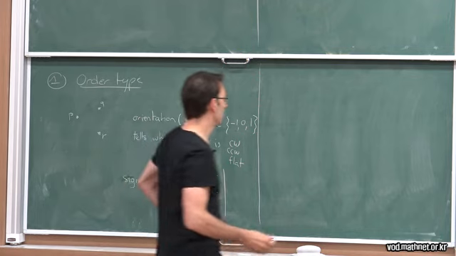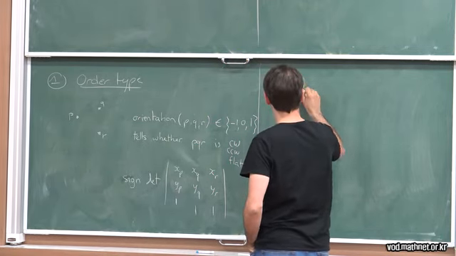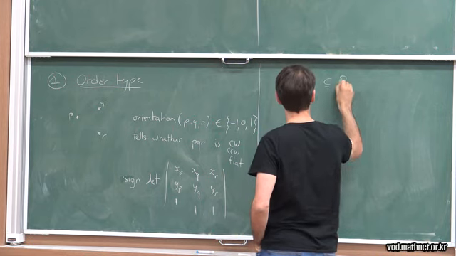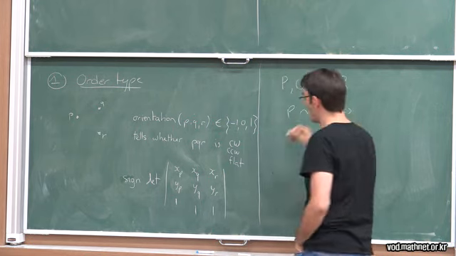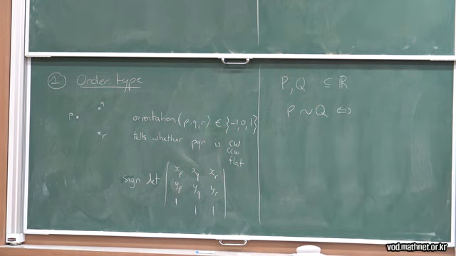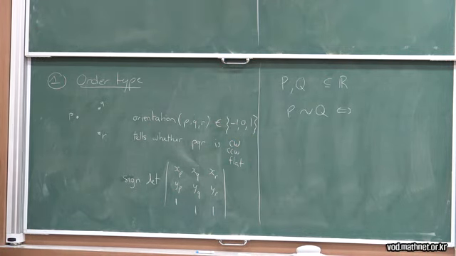Once you have that, you can decide that two point sets, P and Q, are equivalent if and only if there is a bijection that preserves all orientations. That's a way to think of your point set and neglect the precise coordinates, but really care only about how the points are placed with respect to each other.